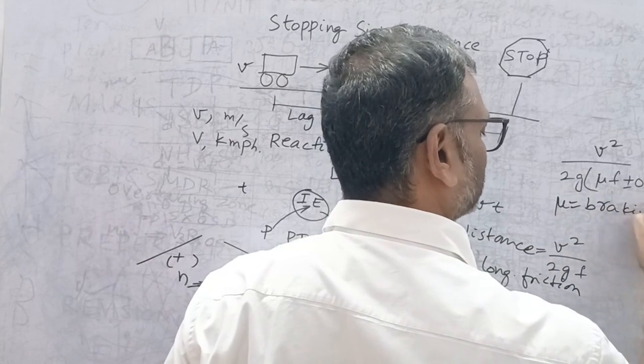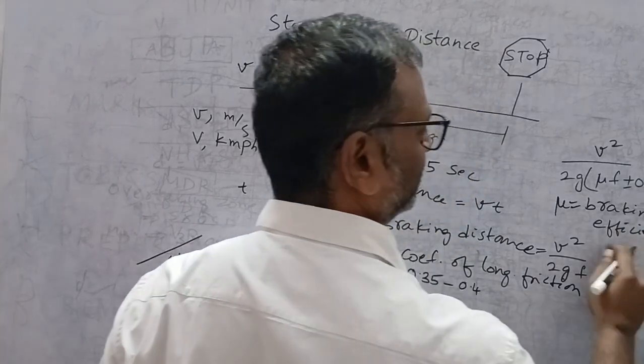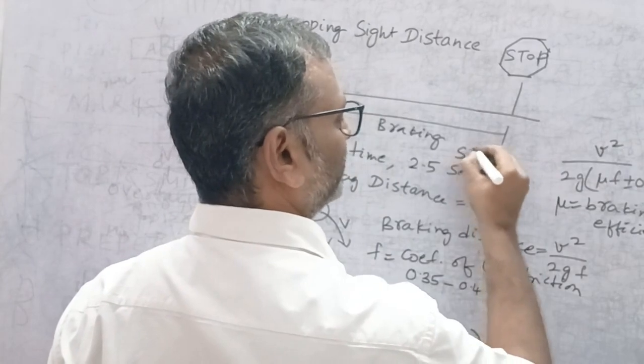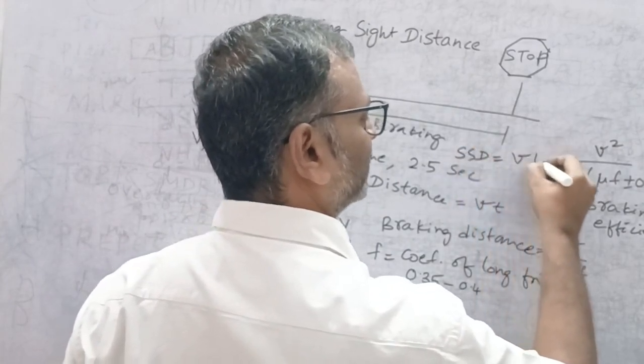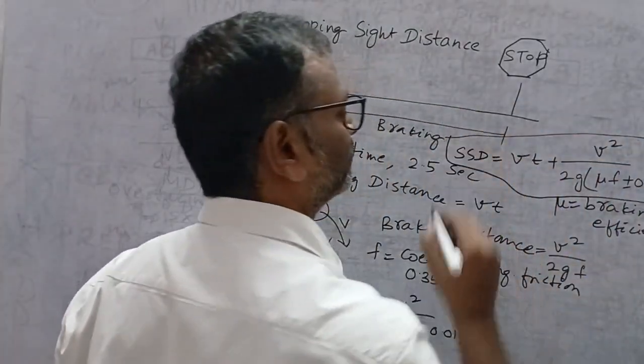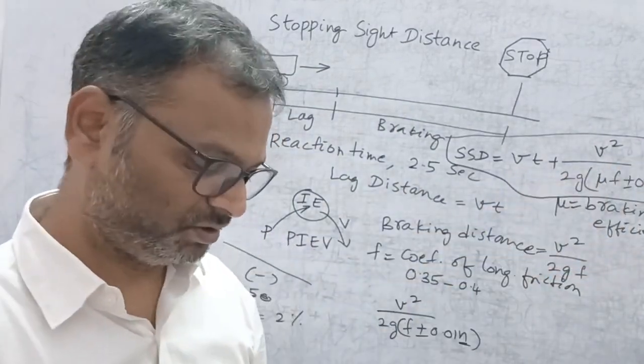Generally 100% is not practical. If they give braking efficiency, then this braking distance becomes like this. So stopping sight distance can be written as lag distance plus braking distance.